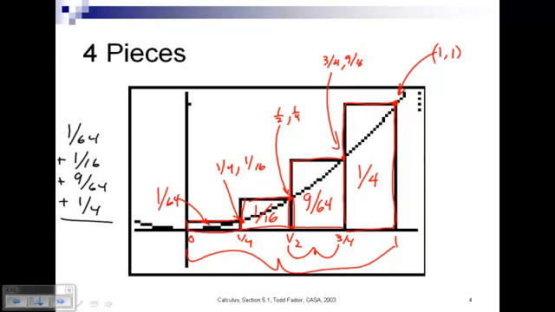I would love to know what that sum is. 15 over 32? 15 over 32. Okay, by the way, I am going to give this answer a special name as well.